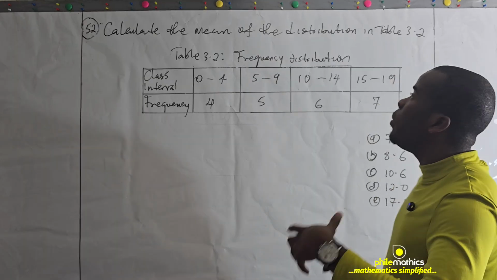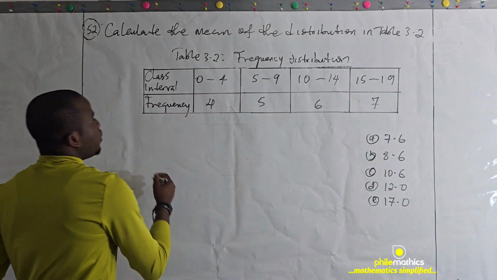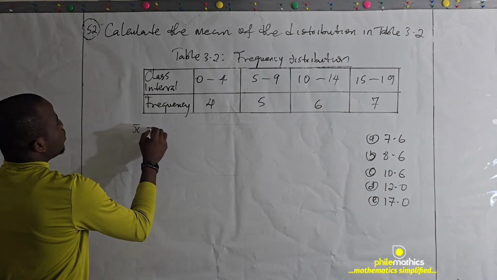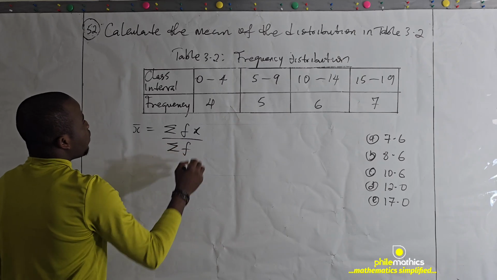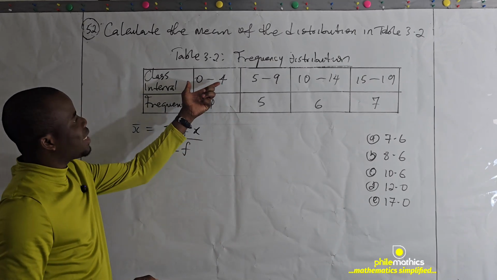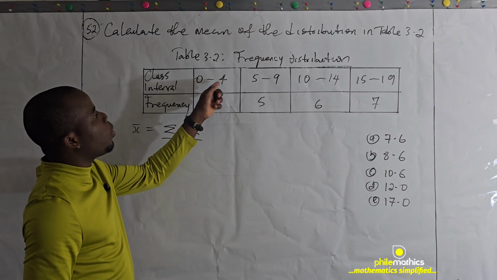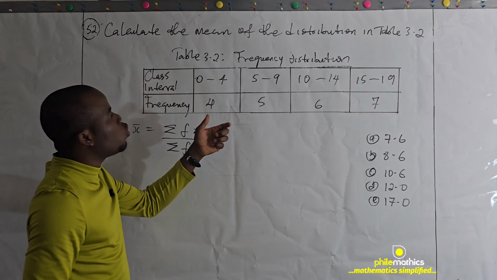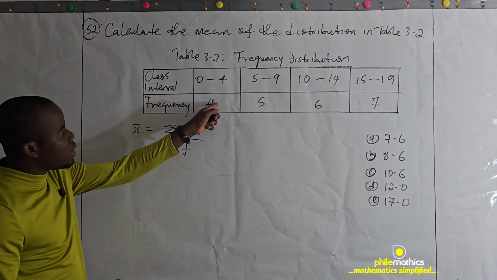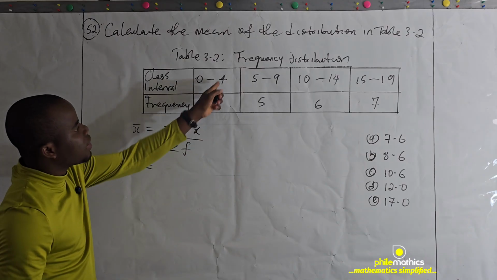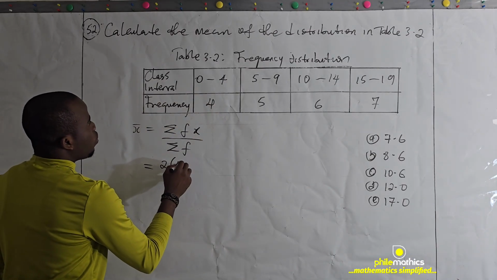We are asked to calculate the mean of the distribution in this table. And you recall how we calculate mean. Mean is summation of fx over summation of f. So for this class interval, we take the middle number or the average. 0 plus 4 is 4, divided by 2 is 2. And so if we multiply it by the frequency, that is 2 times 4.